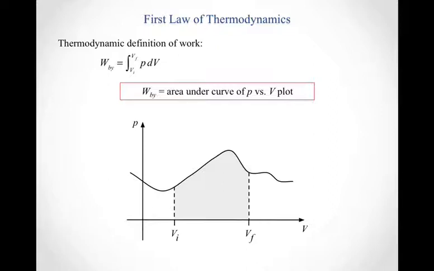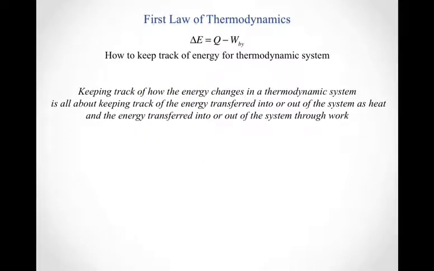Having talked about these two individual terms on the right side of the equation, let's come back and think about what our first law is trying to tell us big picture. It says you can change the thermal energy of your system in one of two ways: an energy transfer as heat, or work being done either by or on your system.